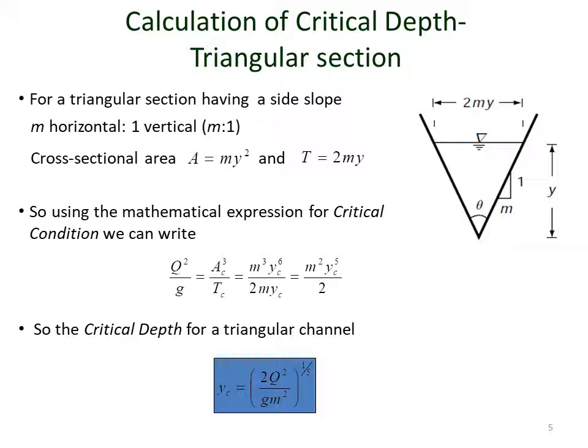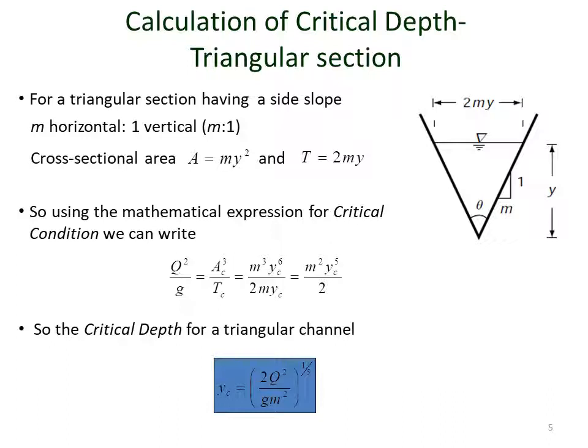I want you to focus on the second equation at the center of the slide. Capital Q square by G is equal to capital A C cube by TC, and by substituting the values of AC and TC from the previous expressions, we can derive that Q square by G is equal to small m square into yc to the power 5 by 2.